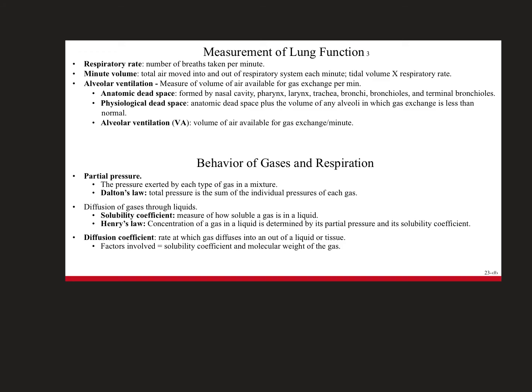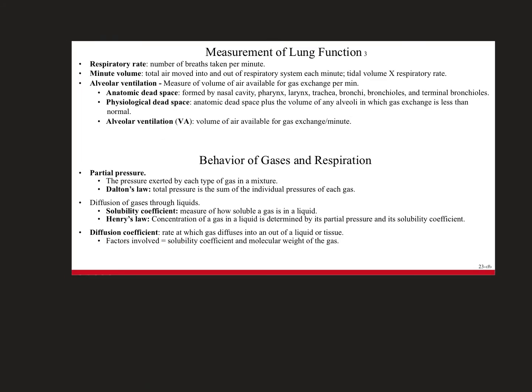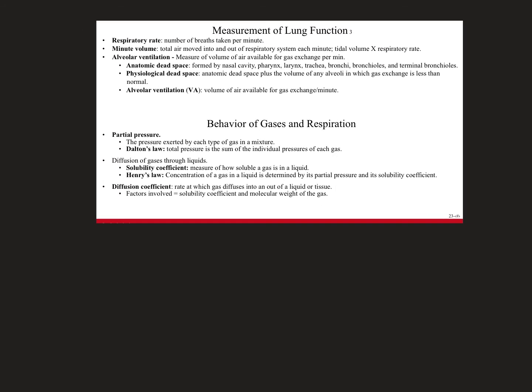Can you just go over them? So partial pressure is basically the particular amount of pressure exerted by a specific gas within a mixture. So when you breathe in air, right, that air is going to contain some carbon dioxide, some oxygen, some nitrogen and a few other things, right?